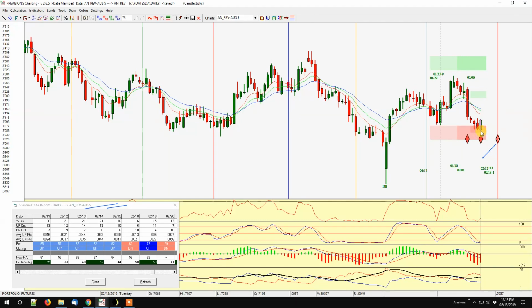The only thing that would kick me out of my bullishness is if this low of 2/12 is violated. This low right here, which I have showing as, this is Australian dollar futures, so you'll have to look at what the equivalent is for the Forex, but I have it listed here at 70.58.